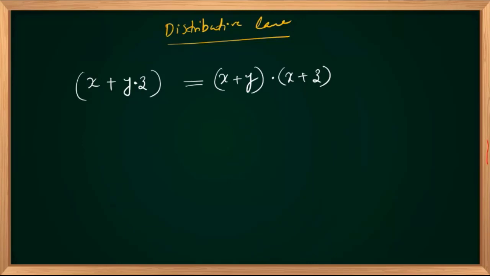Here the operator is the or operator, and that or operator is getting distributed. Two or operators are here, distributed over which operation? Over the and operation. The or operation is getting distributed over the and operation.